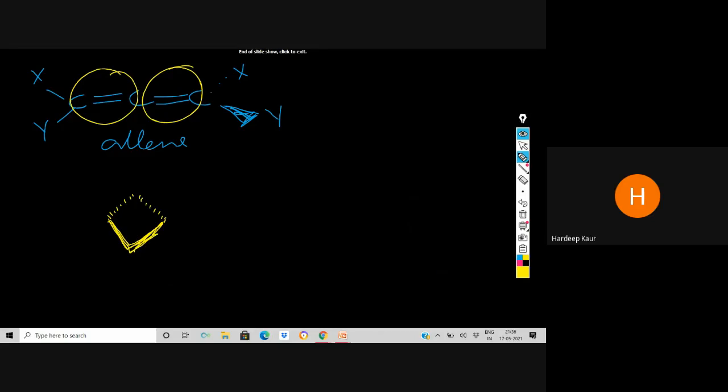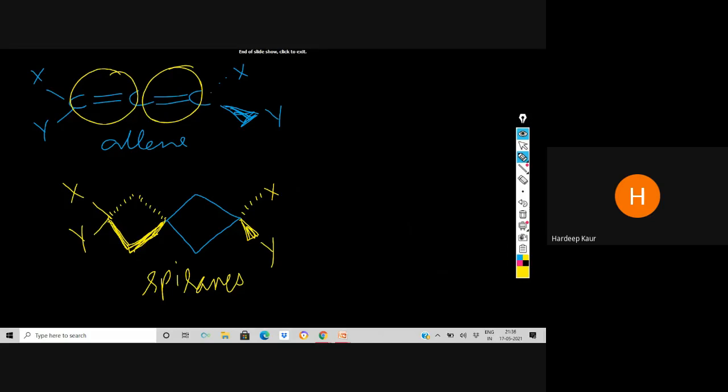Okay, one ring has come. The second ring replaces the other double bond, and it has this type of structure. Here X will remain as such, as in the allene, Y is here, and here we will write X and Y. So these molecules are also chiral and this is a spirane or spiro compound. So we call it spiranes.